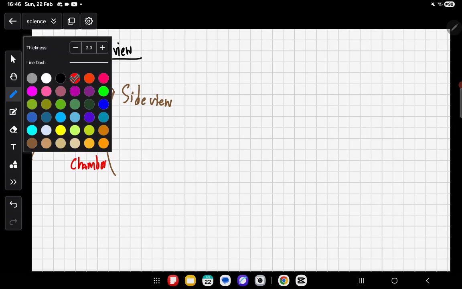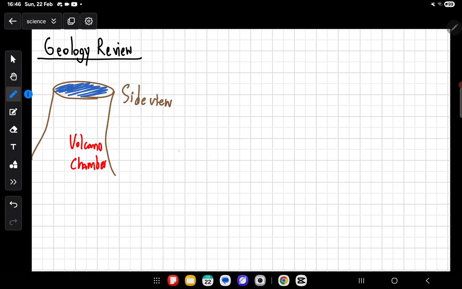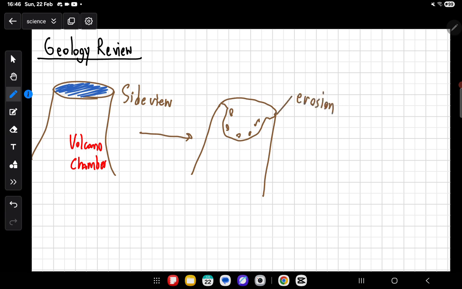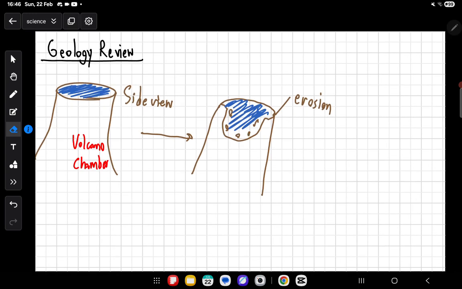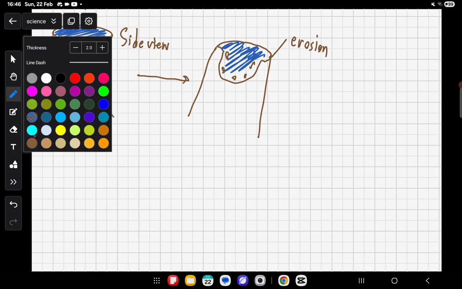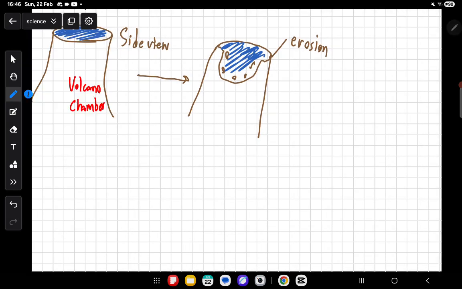Okay, let's zoom out so I can draw even more. So we're still looking at the lagoon from a side view. So this time, we can see the erosion that is happening inside the lagoon. And the liquid is still in there, the liquids that it contains. Now, we're gonna look at the lagoon from a top view.